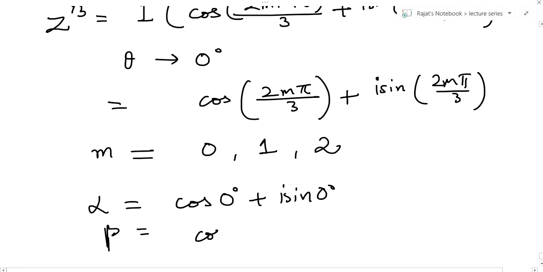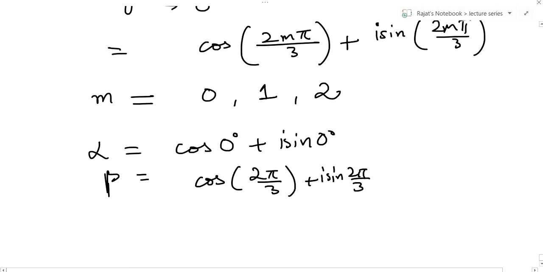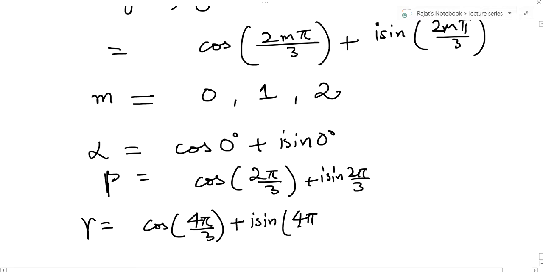The other root will be cos 2 pi by 3 plus i sin 2 pi by 3, for m is equal to 1. And the third root will be cos 4 pi by 3 plus i sin 4 pi by 3, for m is equal to 2.